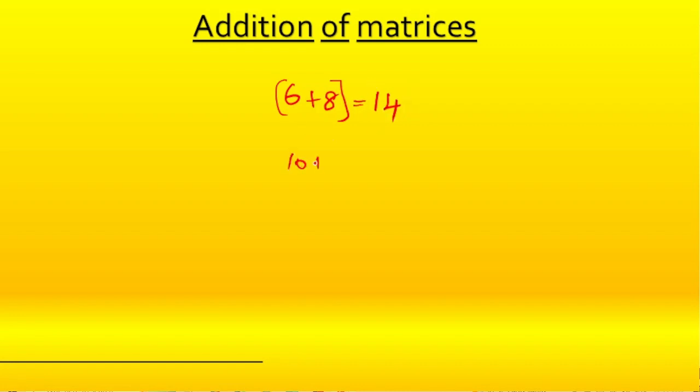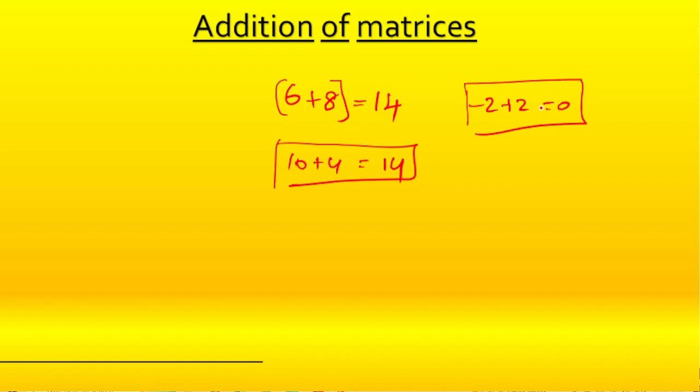For example, 10 plus 4 is 14. Or minus 2 plus 2 is 0. If integers are given, you just add. But how to add a matrix?